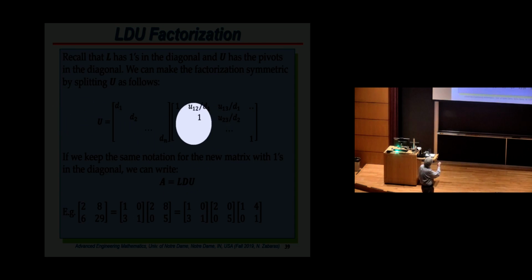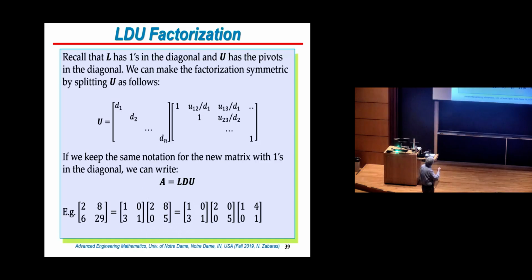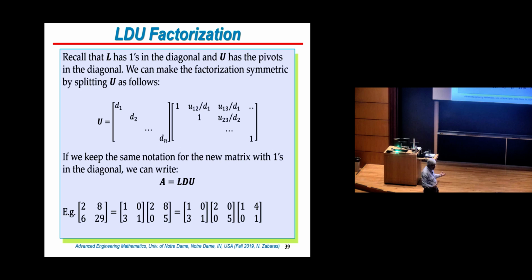The way you do this, you can write U as a matrix where you take the diagonal elements and multiply them on the left or the right with this diagonal matrix D1, D2, Dn, where these are the pivot elements. So this decomposition, instead of the original LU, becomes L times D times U. I have not changed the notation for U because in the literature, this is how it comes.